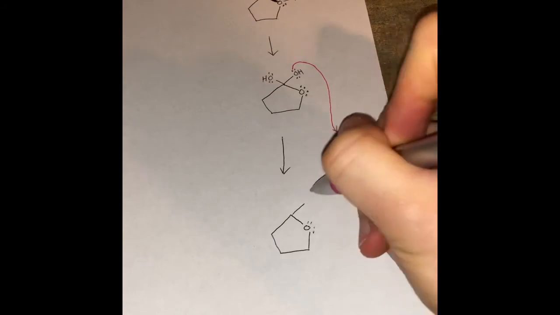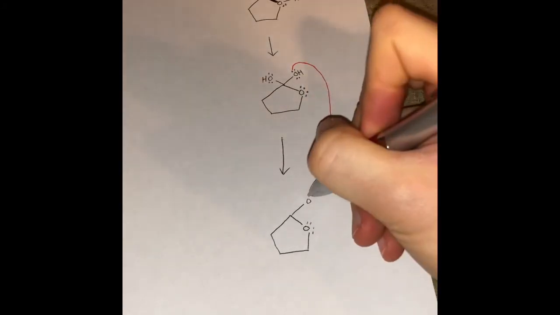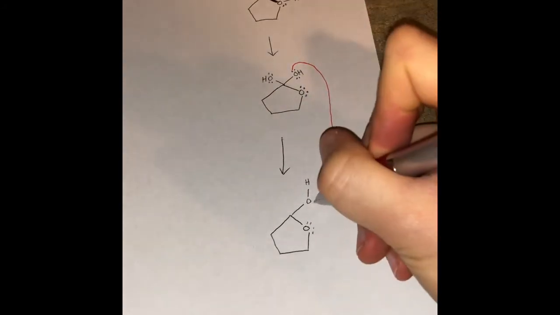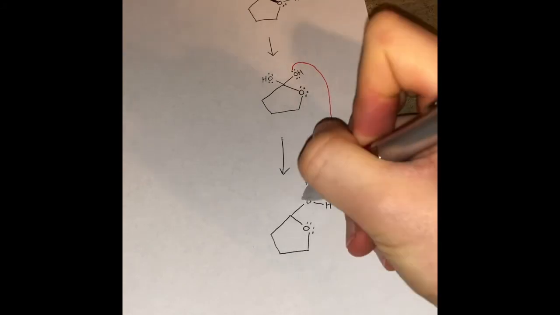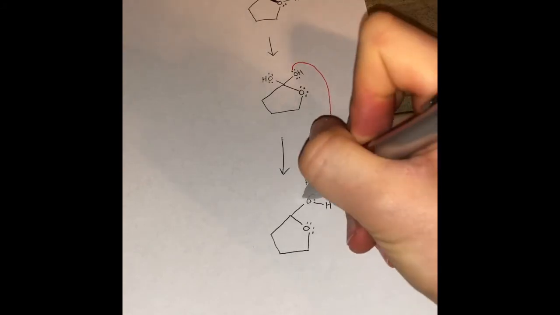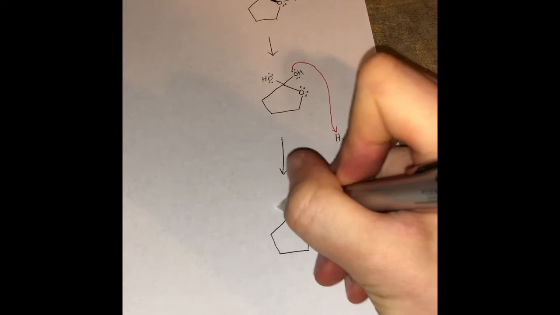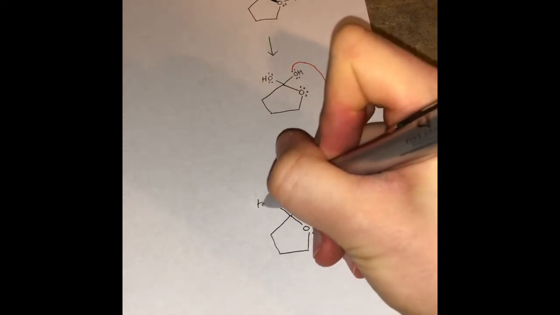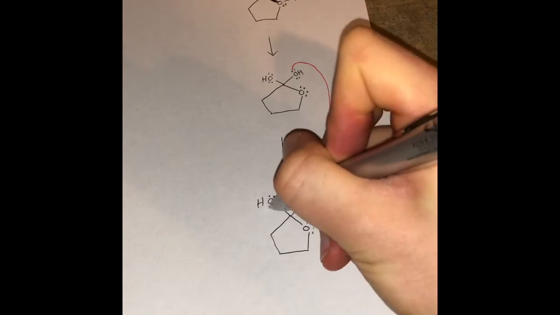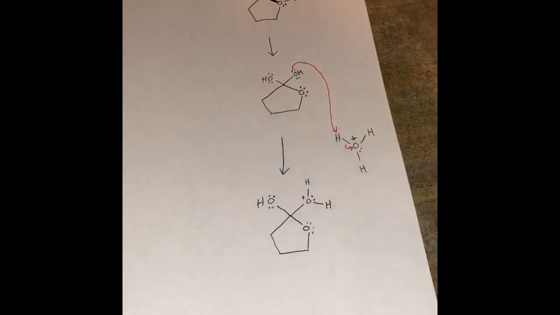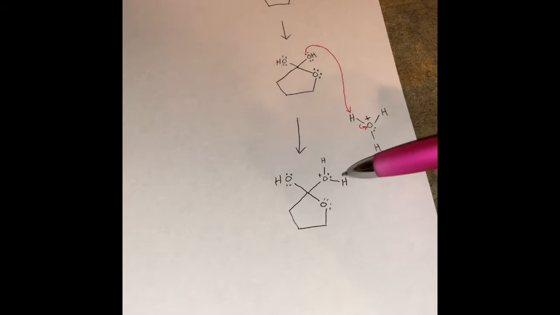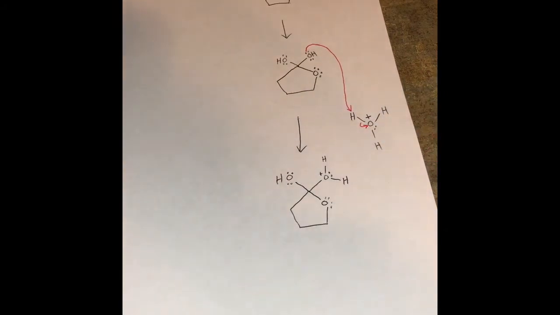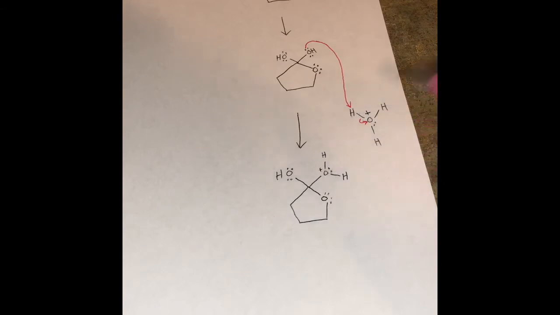So now we have a water group on this ring, and this OH that we had from before. Okay, water can be happy by itself, so this can easily break away and be fine.